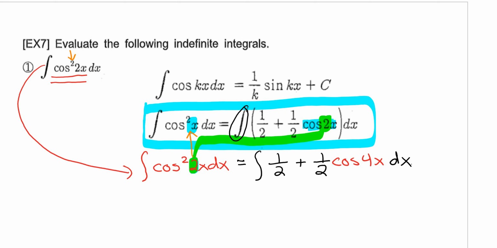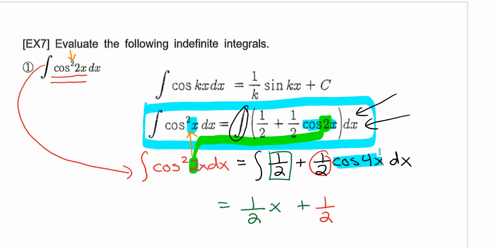So that's step number 1. You take the original problem and rewrite it into this integral form, and once you do that, you can find the antiderivative. What's the antiderivative of a constant? The antiderivative of the constant 1/2 is going to be 1/2 x plus, now I have another constant here which is 1/2, and then I have this cos 4x.